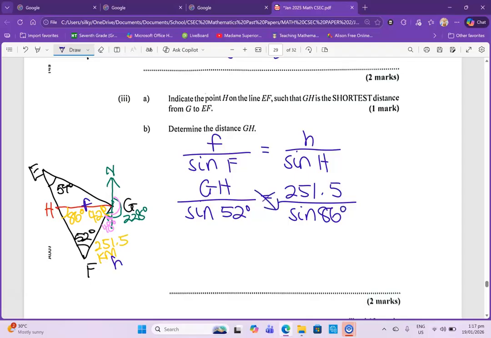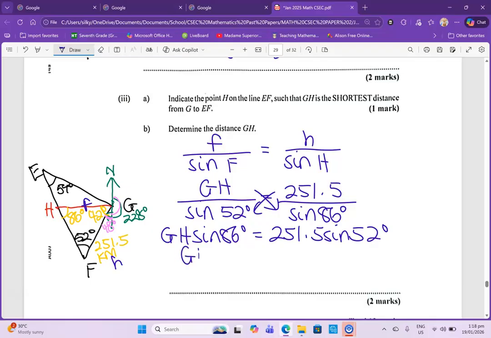Okay, so again, cross multiplying, GH times sine 86 degrees is equal to 251.5 sine 52 degrees. So therefore, GH is equal to 251.5 sine 52 over sine 86.